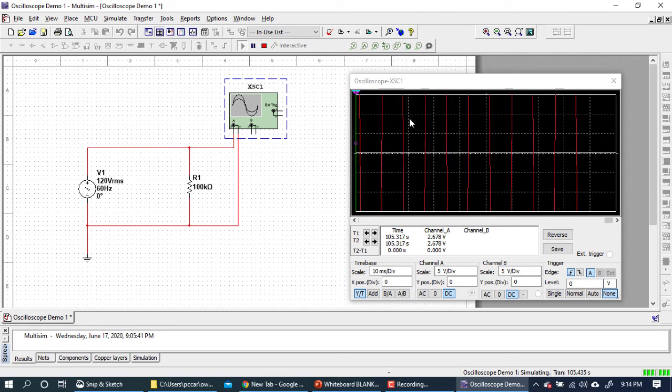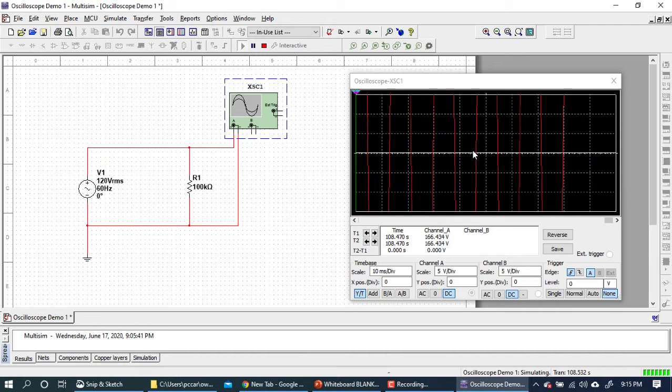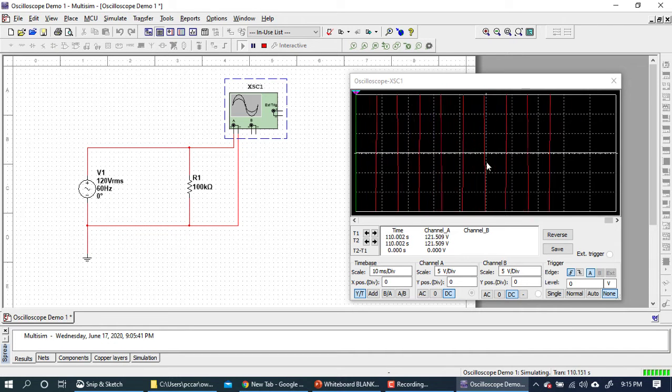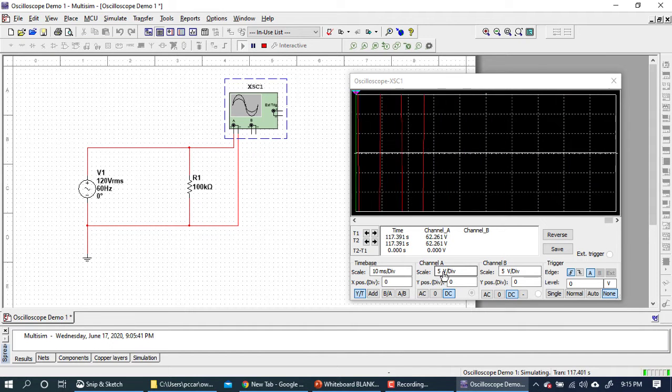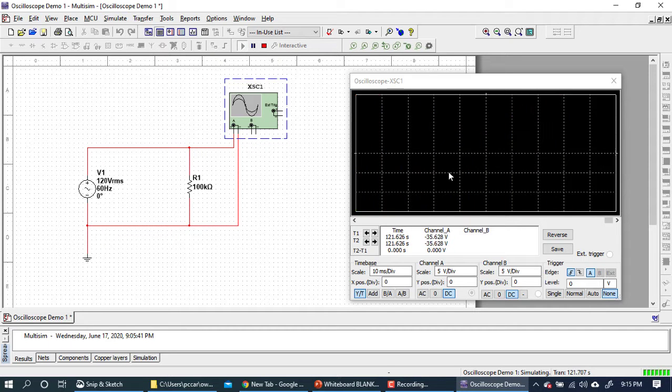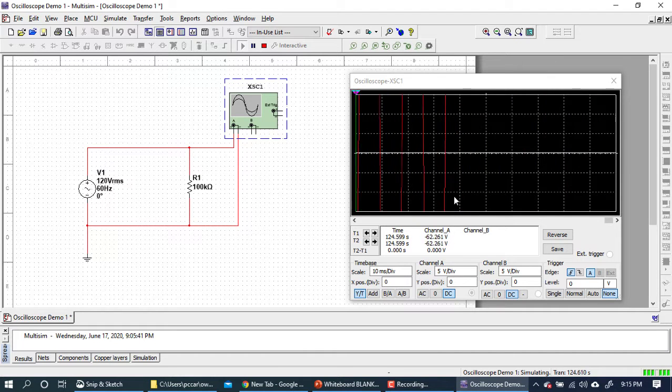All right, so I've already given you a hint that the waveform I'm looking at here on the screen is probably too large. So I'm going to go to my channel A, because that's the only thing we're using right now. We hooked up channel A to our voltage output here. And channel A is currently set to 5 volts per division. That means that each one of these vertical divisions, of which there are 6, measures 5 volts.